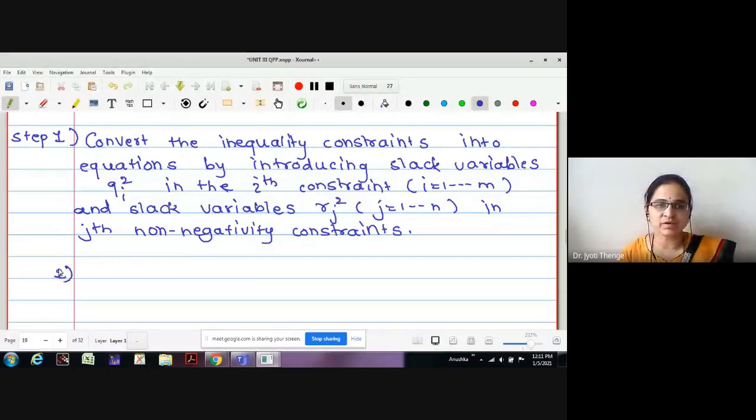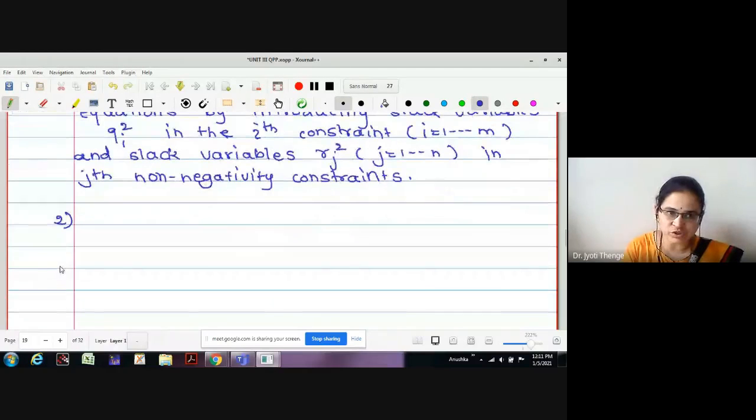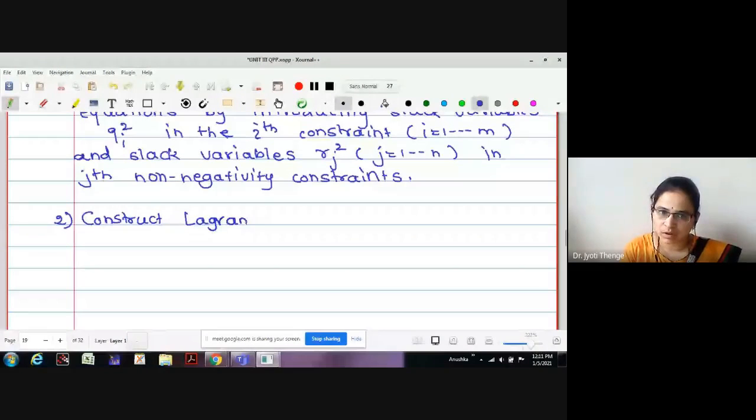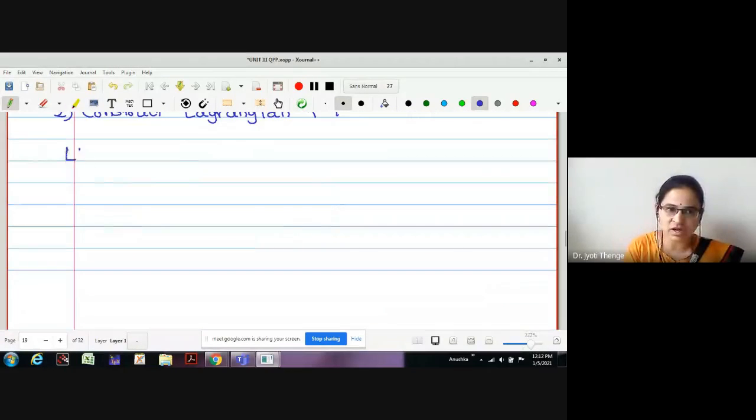In the second step, we will construct the Lagrangian function. How should we construct it? As we have seen in the last lecture, this is the function L of x, q, r, lambda, mu.